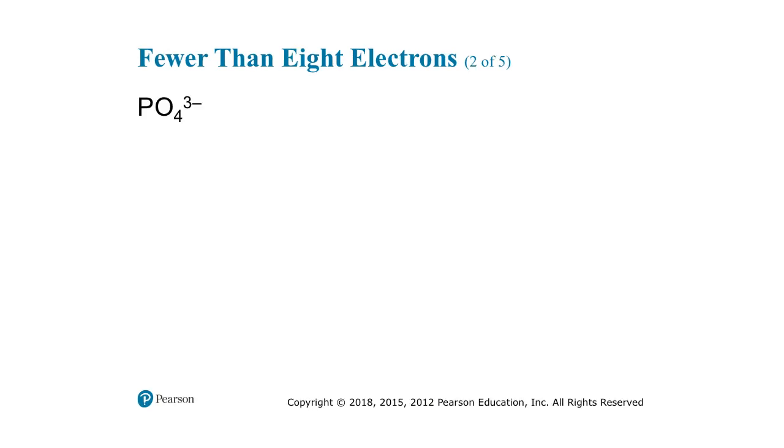Now, what about phosphate? Now, phosphate, I don't think it actually goes in this title. We're going to be considering more than 8 on this slide here. So for phosphorus, 5 valence electrons, 4 times 6 for oxygen, plus 3 for the charge, gives a total of 32 electrons.